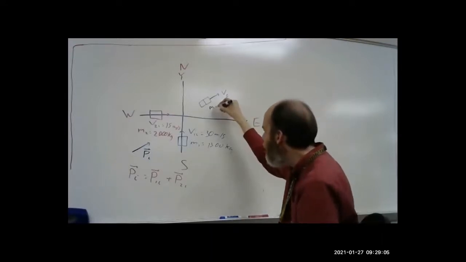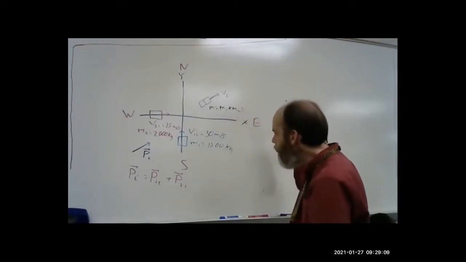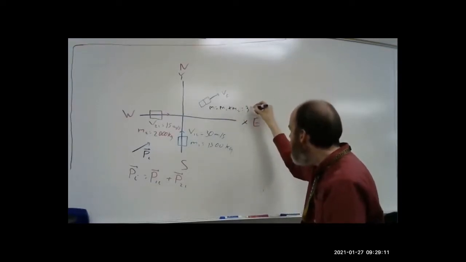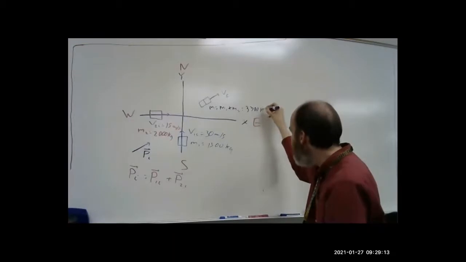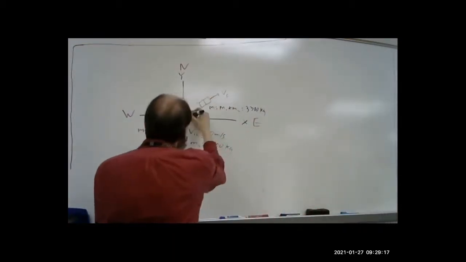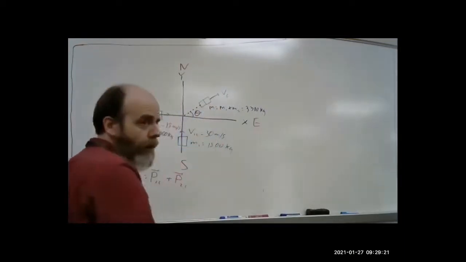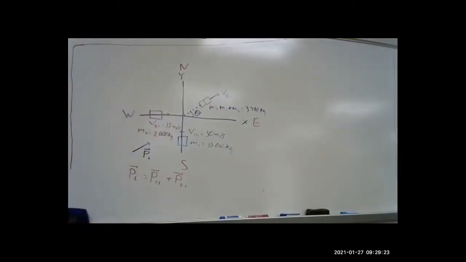And the mass here is M1 plus M2, which is 3,300 kilograms. And there's some angle theta that we don't know yet. So that is part A, the pictorial representation before and after the collision.